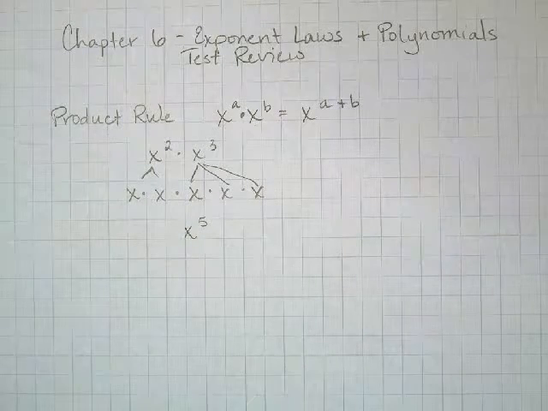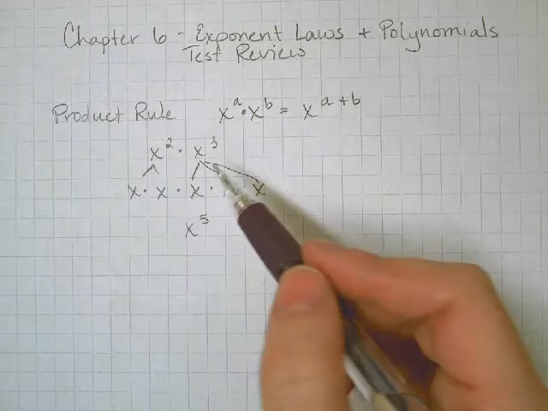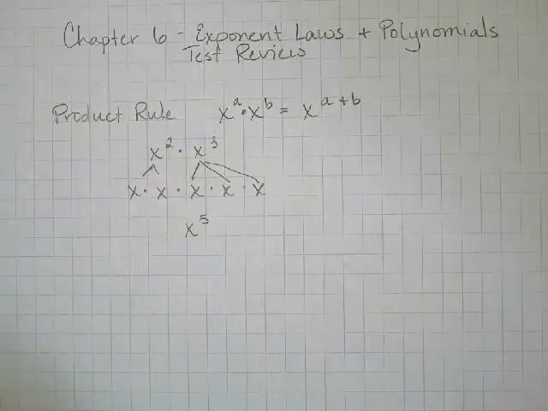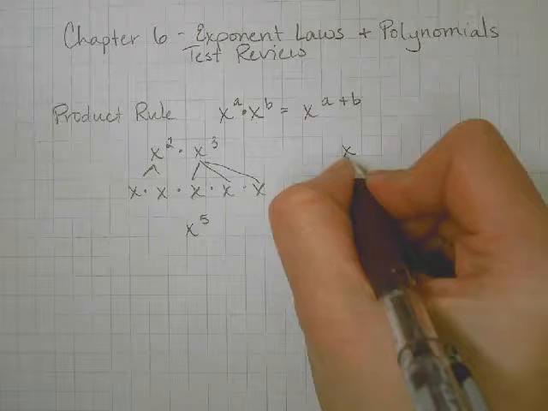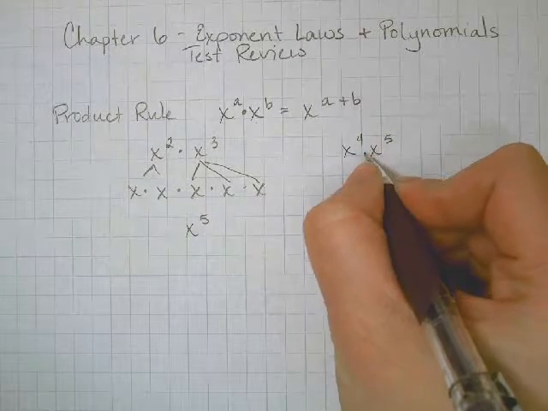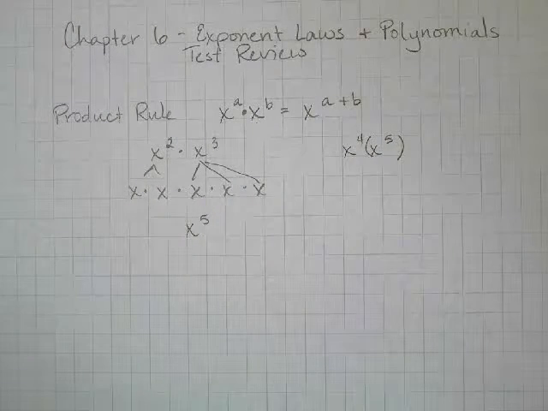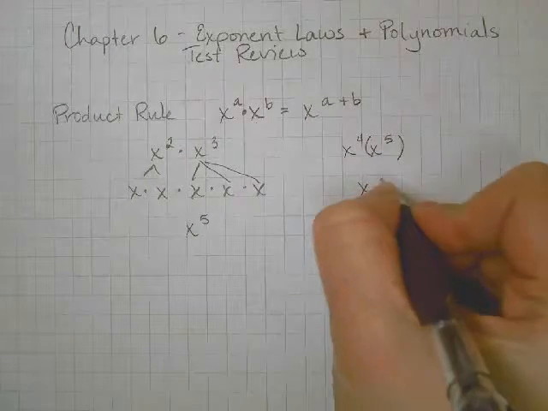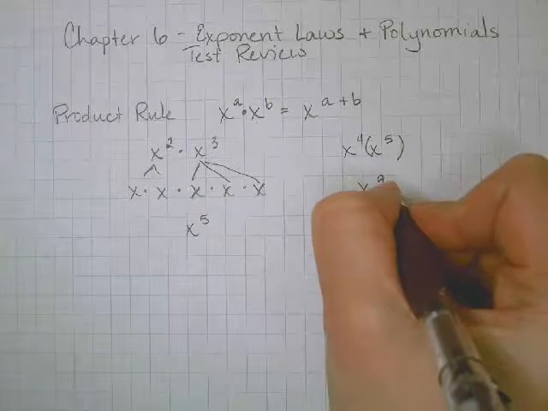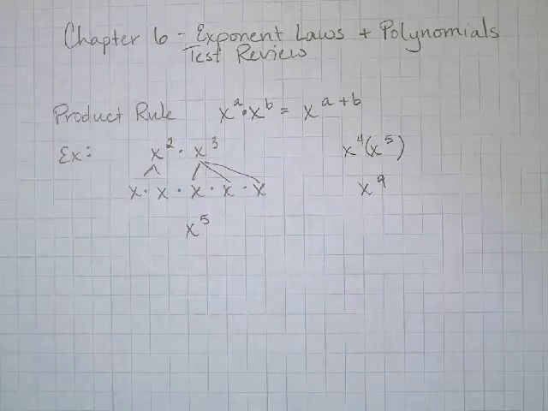So simply saying if you are multiplying the two, and that also counts when there's nothing there. Like if I have x to the fourth, x to the fifth, if I have no symbol there in between the two, or if I have parentheses around them, that indicates that I am multiplying them. So that would be x to the ninth. So that is the product rule.